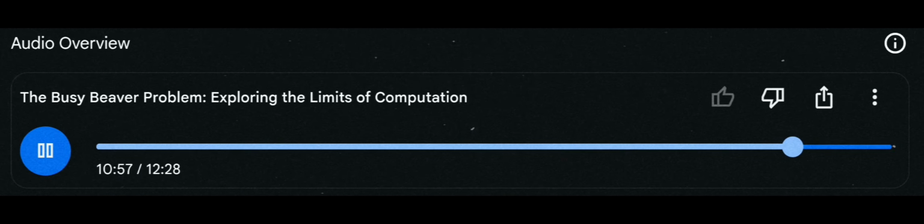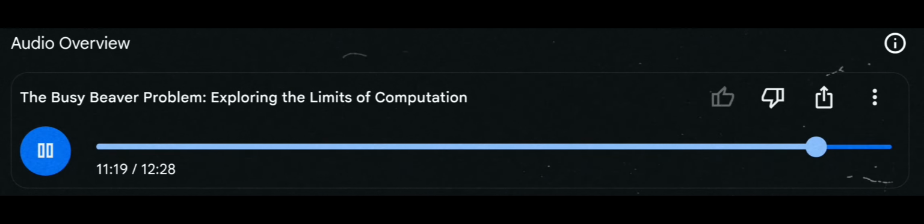If you base your encryption on an undecidable problem, it becomes incredibly difficult for attackers to break the code. So by harnessing the power of problems like the Busy Beaver, we can potentially make our data more secure. That's one of the exciting possibilities, and it's a great example of how seemingly abstract mathematical concepts can have very real and tangible impacts on our lives.